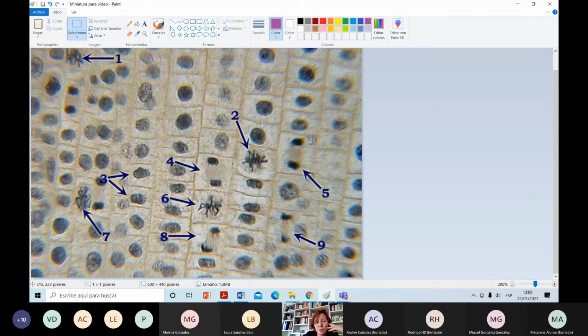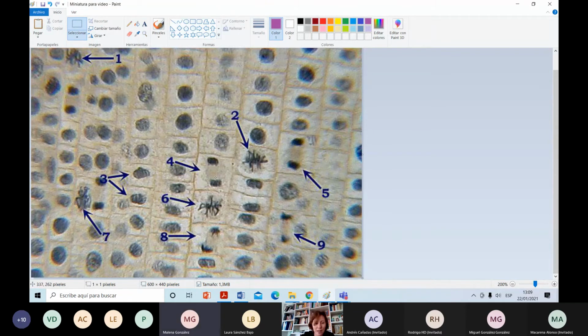Can you see the difference between this picture number 4 and this picture number 8? Do you see the difference? A little bit. No. Bueno, pues if you pay attention, this one still has this shape for the chromosomes. They are still being pulled apart with this triangular shape. ¿Lo ves así con un poquito de imaginación?